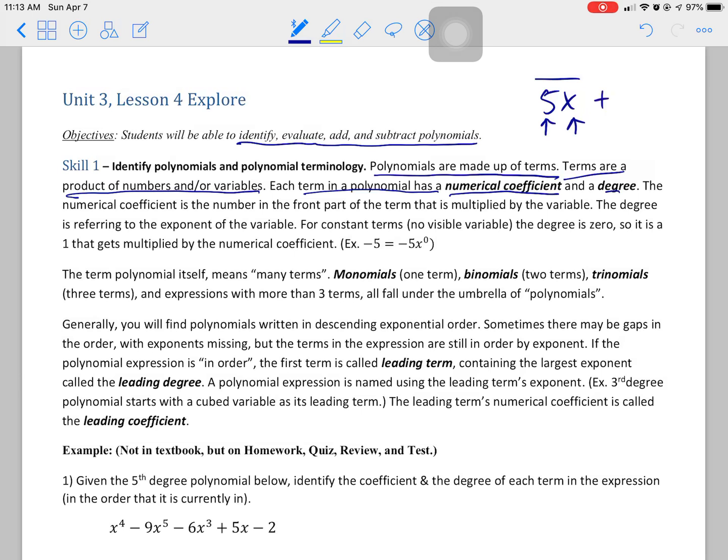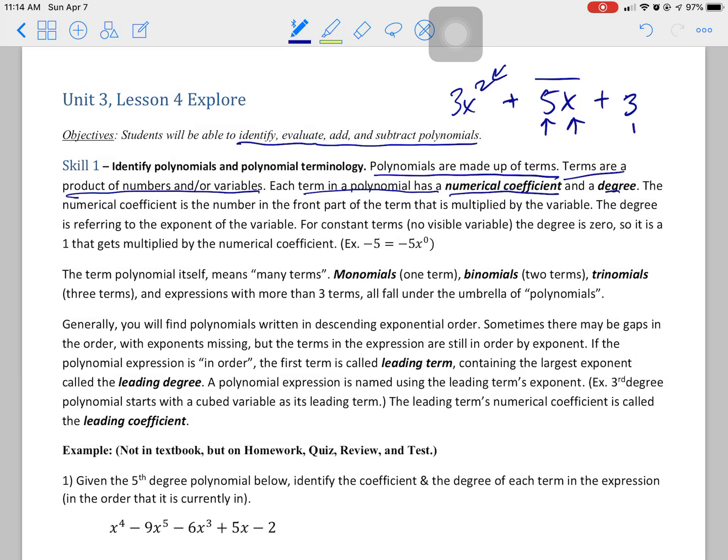If they have another term next to them, this is a polynomial term. The degree is referring to the exponent of the variable. So this would be a second degree polynomial because that's as large as the exponent goes.